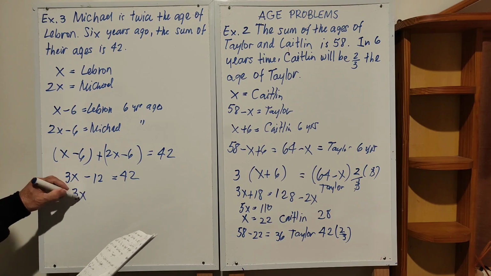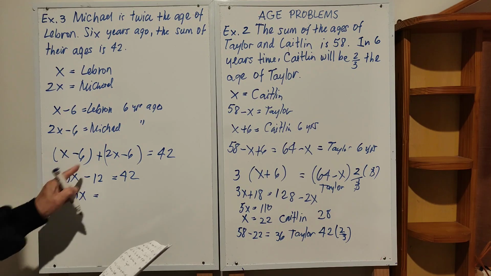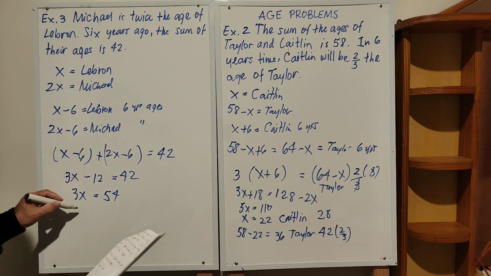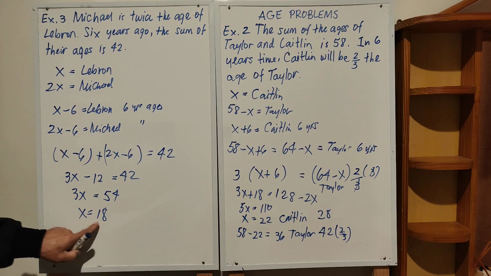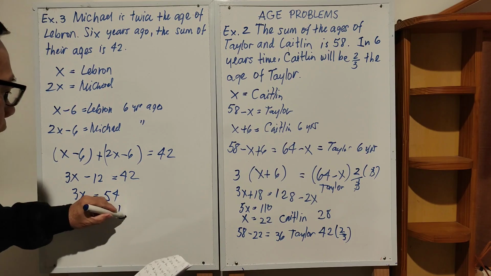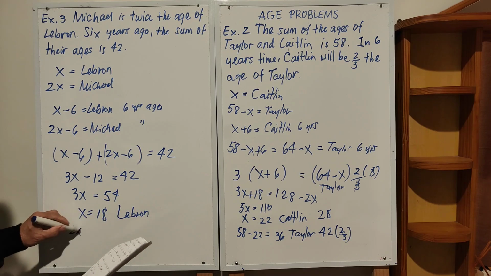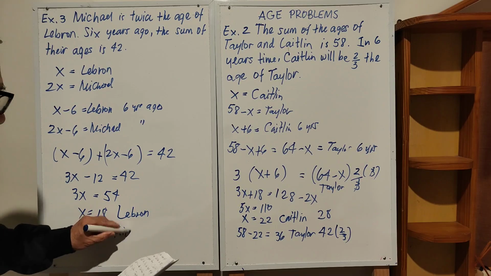Transposing, adding 12 on both sides, you will have 54. x is equal to 18. So LeBron will be 18, and Michael, 2x, is 36.